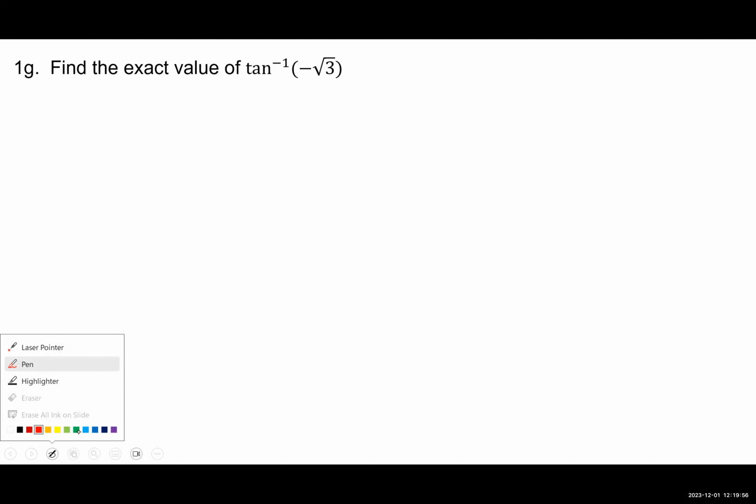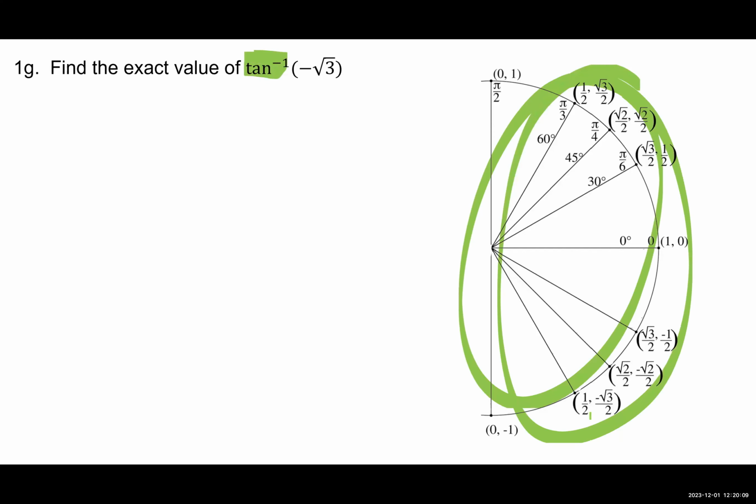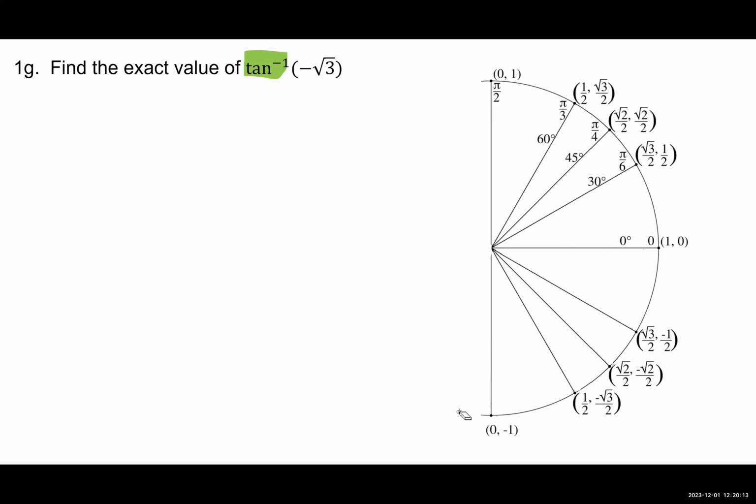Well, step one, because it's the tangent inverse, we go to the right half of the unit circle, right? Tangent inverse tells us to use the right half. So now we have to find the point where the tangent is negative square root of 3.